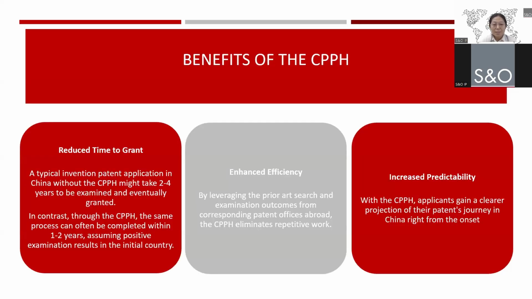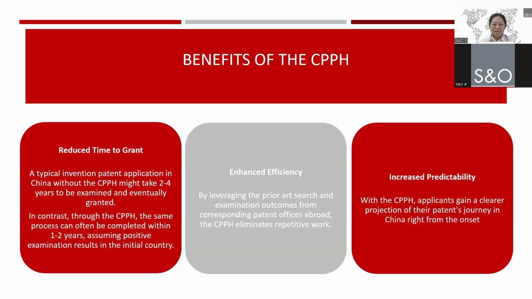We can see many benefits of the CPPH compared to the traditional process. 1. Reduce time to grant. One of the most immediate benefits of the CPPH is a significant reduction in the time required to obtain a patent right.